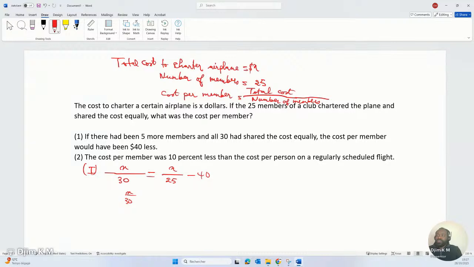X over 30. This would lead us to 25x equals 30x minus 25 times 30 times 40.